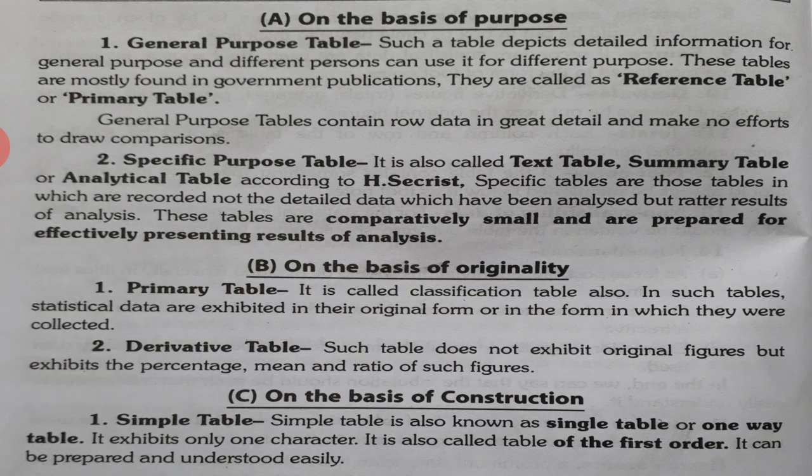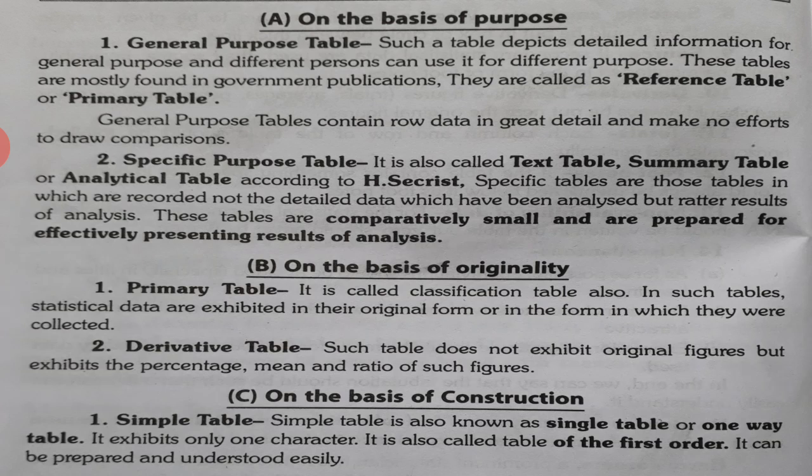A specific purpose means when a summary is drawn or any analysis is done. That's why they have three different names: text table, summary table, or analytical table. These are tables which record not the detailed data but the results of analysis, so comparability of small and bigger data is prepared more effectively, including analysis.